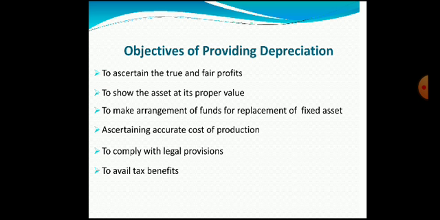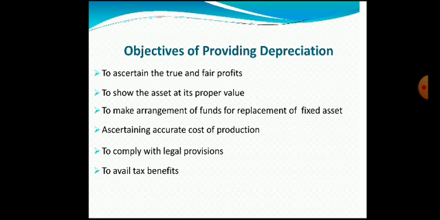Then the third one is to make arrangement of funds for replacement of fixed asset. In the same example, a true copier, that is a Xerox machine, can be used for only 5 years, and if the businessman has charged depreciation every year of 20,000 rupees, as this is not an out of pocket expenditure, that is, depreciation is treated as a hypothetical notional cost, it is assumed to be a cost but will not be paid to outsiders.